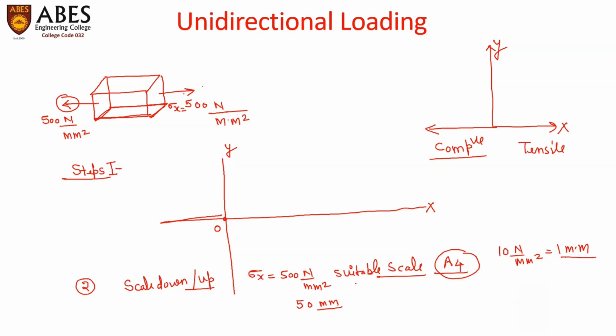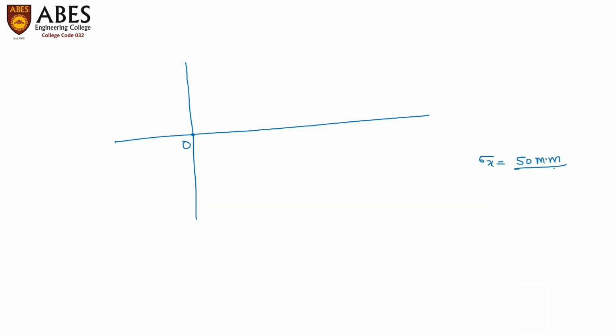Now, moving further, from the origin, the value of sigma x we have taken is 50 mm. That is the scaled down value, so that we can represent a stress magnitude on a linear scale.